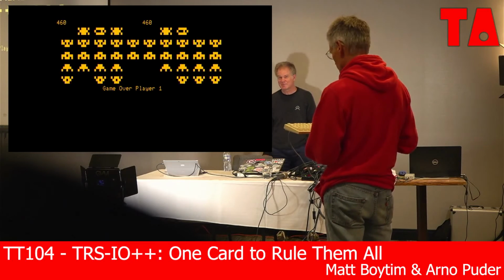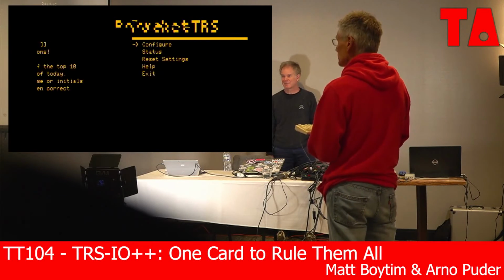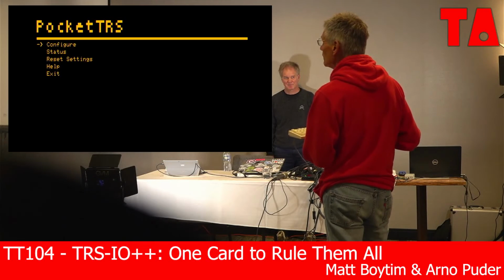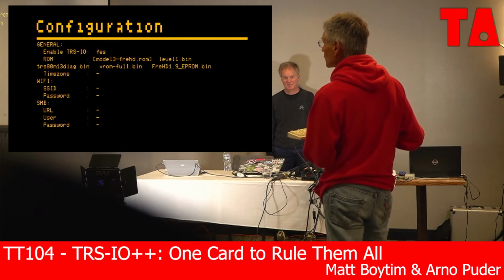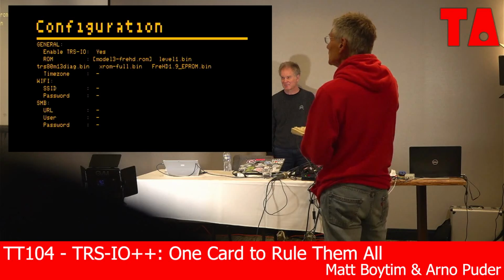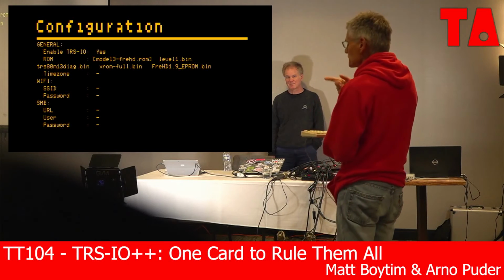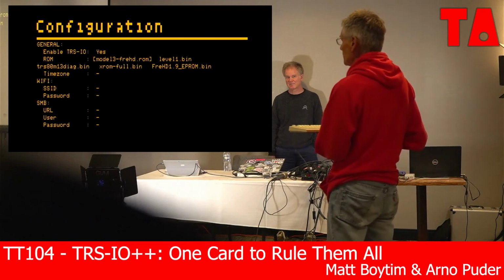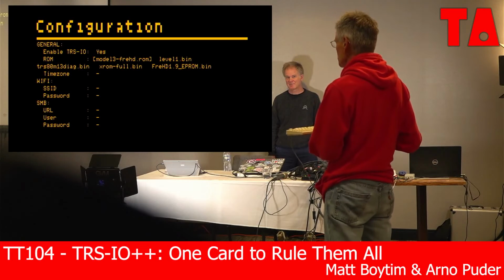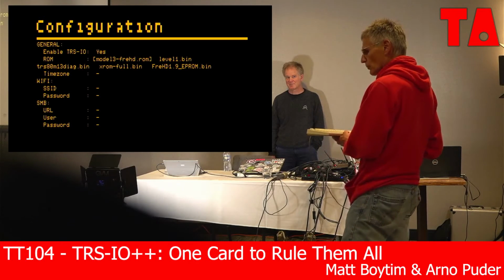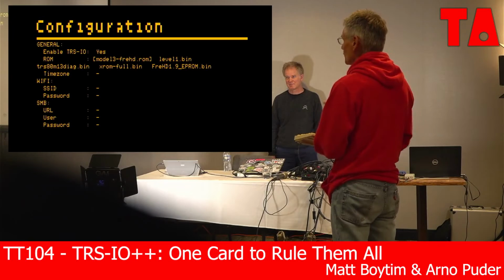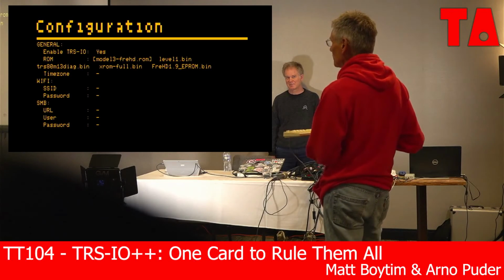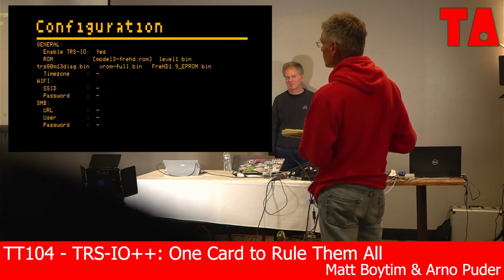Another thing we can do is select different ROM images. Currently, this isn't showing the one that's loaded. These are the ones that we have available to load. The one that's in there currently is the Model 4P boot ROM. So we don't really have enough memory to load any of the other ones, but I have several available.